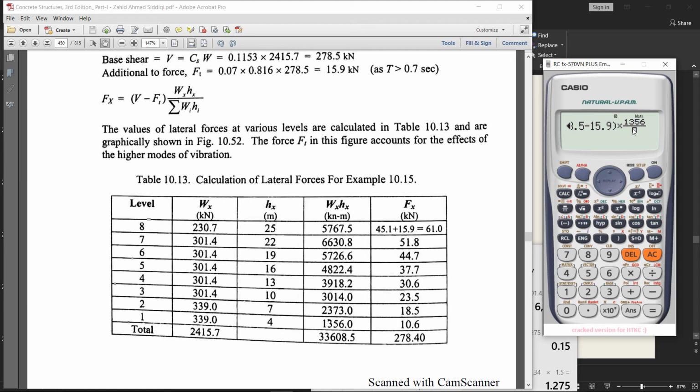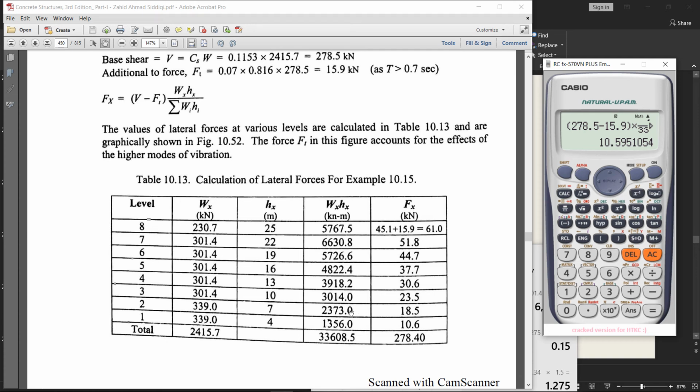Now under the bracket, that is the total wx hx summation value, 33608.5. I will put equal, the value is 10.56. The rounded value is 10.6.